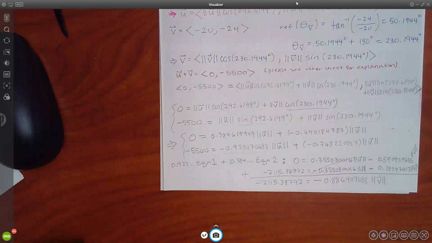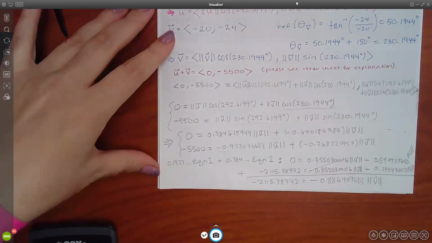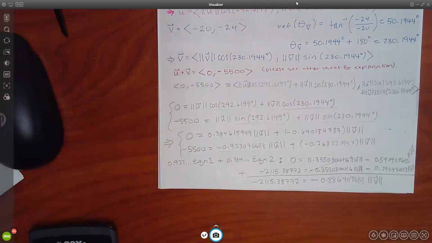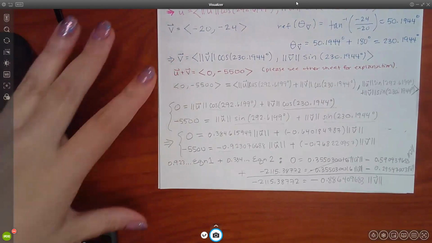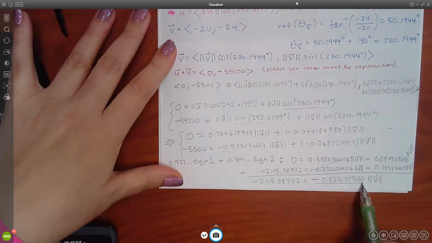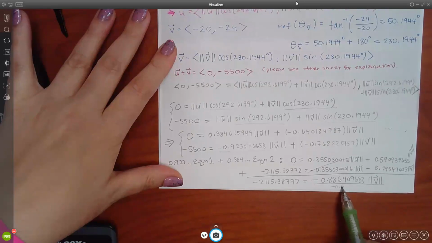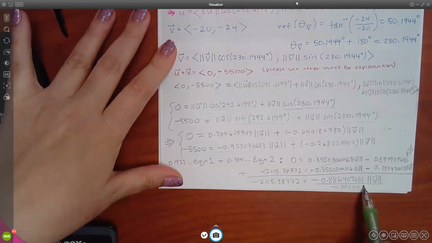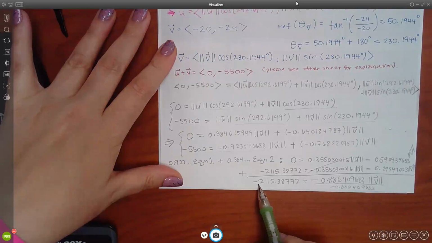So then how do I take that and solve for the magnitude of V? It's just a number in front that's multiplied, right? So if I want to get rid of that number in the front, you just have to divide by that number. But you've got to do it on both sides.